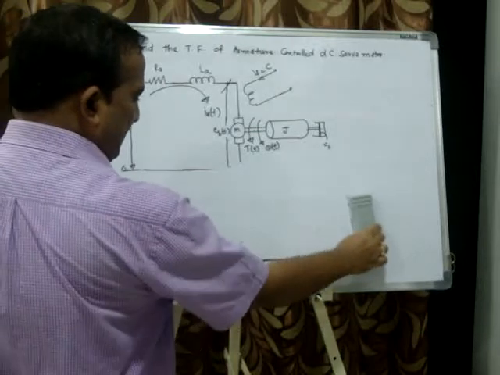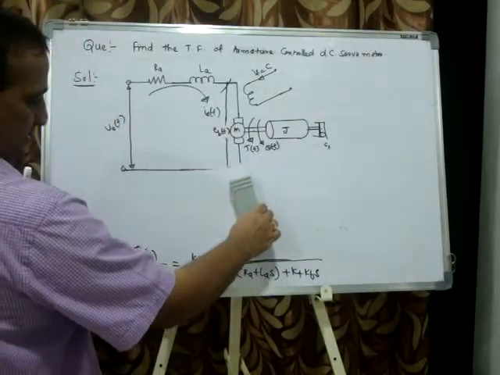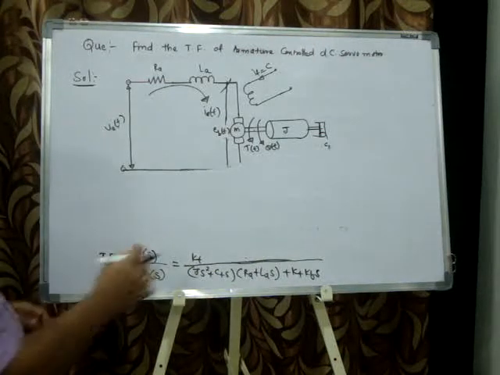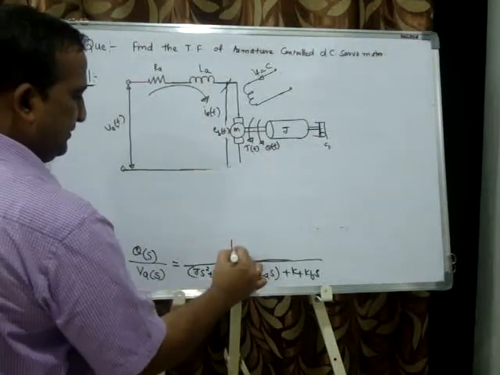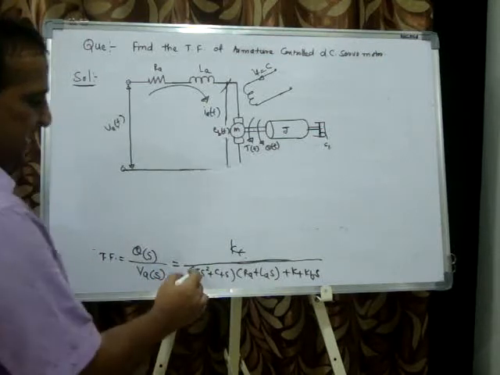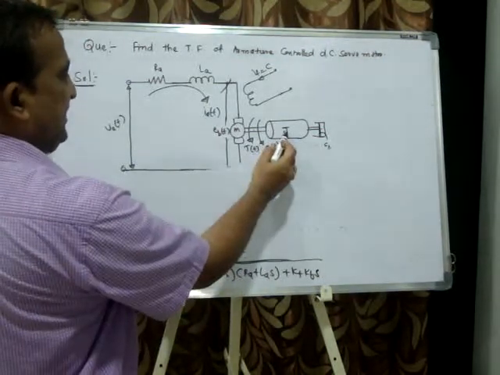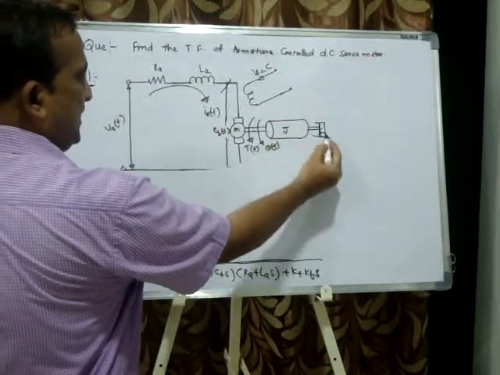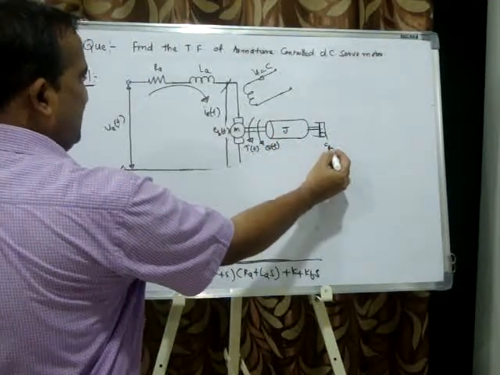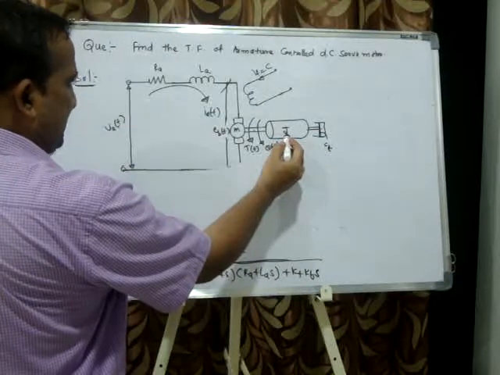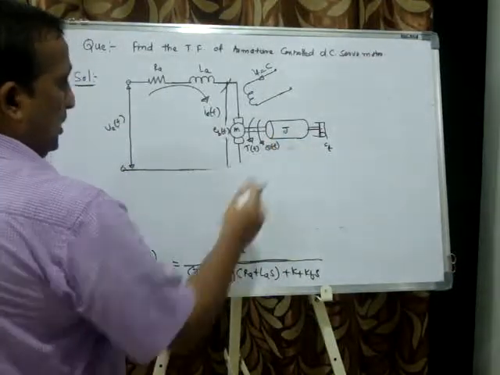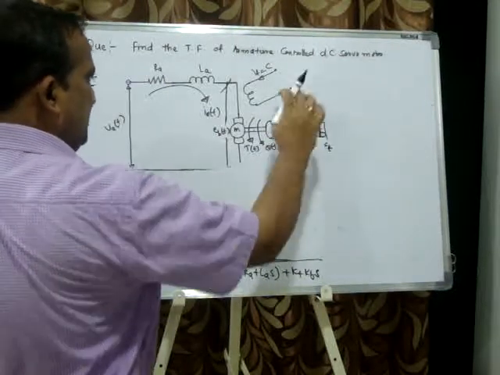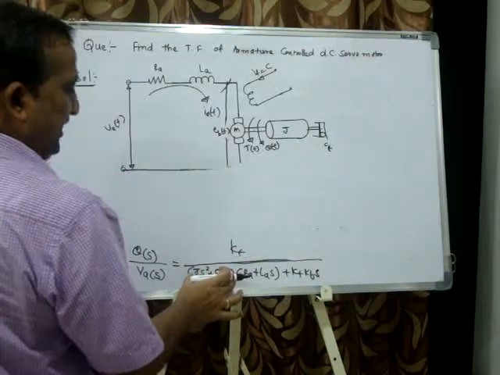Now you see this final transfer function, KT divided by Js square. How to remember this? Js square is the inertia resistance, plus CTs, because it is a function of velocity, while S square means a function of acceleration. So inertia plus damping opposition: Js square plus CTs, bracket complete.